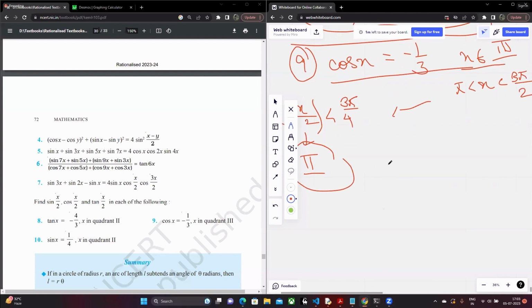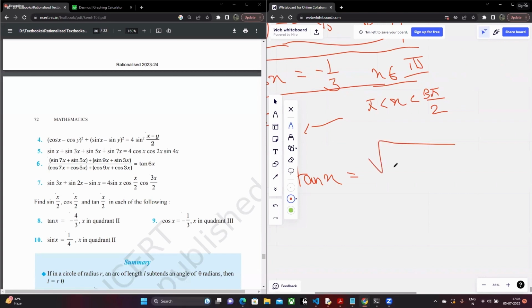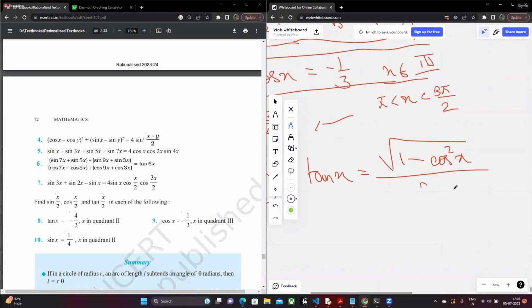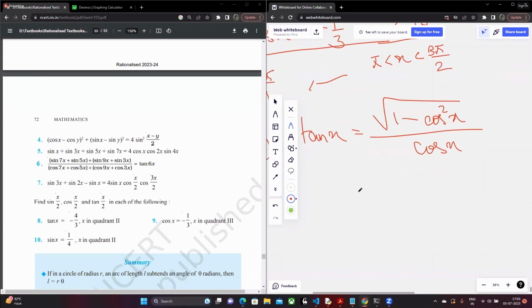So since cos x is minus 1 by 3, your tan x is going to be equal to square root of 1 minus cos square x divided by cos x, right? And a minus over here. This is a minus, right? Because sin x is going to be negative, but a root of anything is going to be positive. So I have to add a minus over here.